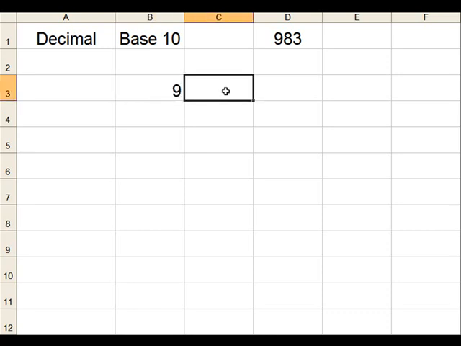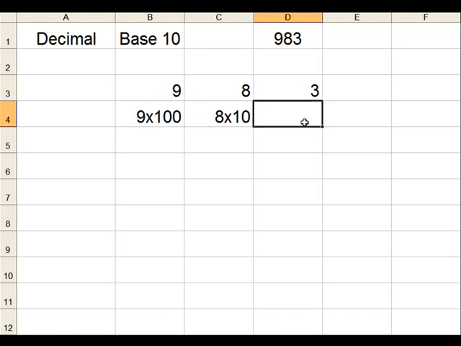So I'll start by breaking the number into its digits, or its component parts, and think about what each one means. Well, we know that 9 in the third place is 9 times 100, and this is 8 times 10, and this is 3 times 1 to make 983.